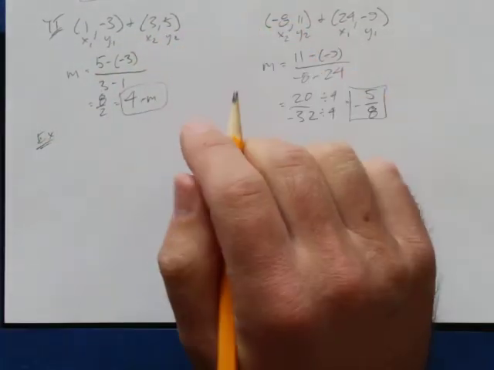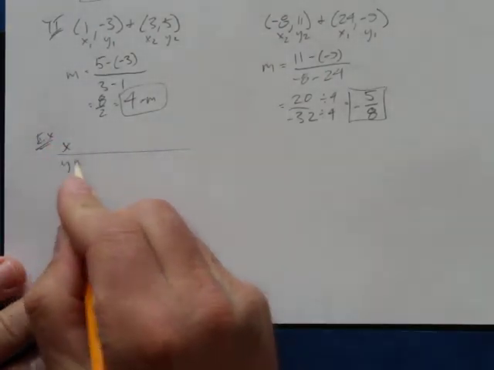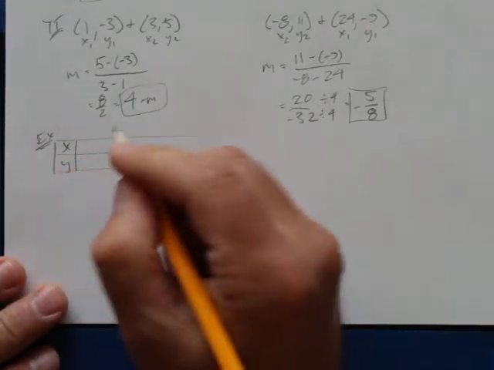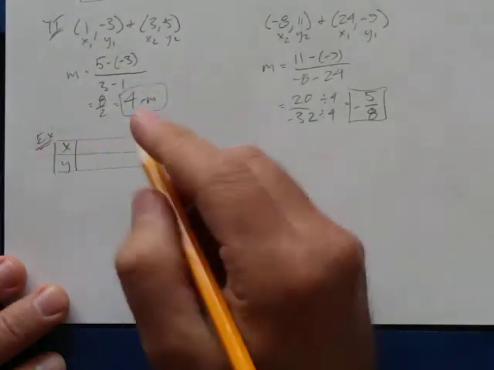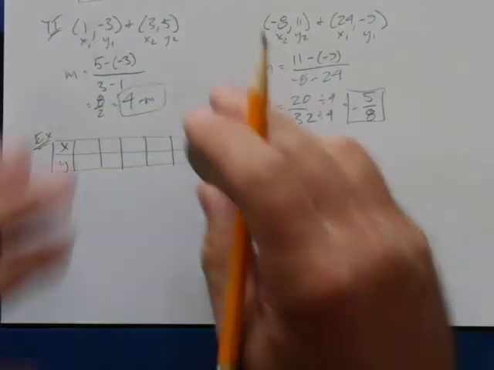Now we're going to try to find the slope when given this kind of a diagram. And we're going to have 1, 2, 3, 4 spots.